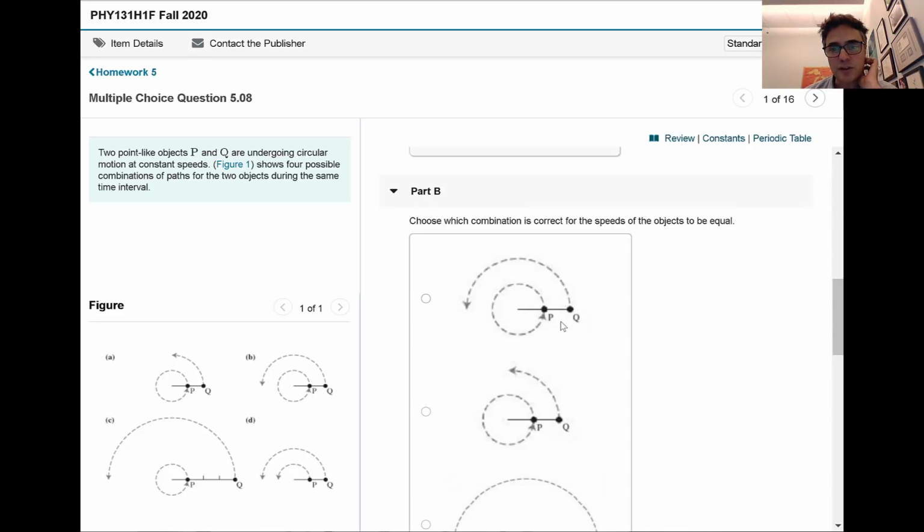So if it's twice as far out, for the same angular speed, it'll be going twice as fast. So for the same speed, we want Q to be going half the angle. This will be going half of a circumference, which is twice the radius of P. So that's the one I like.